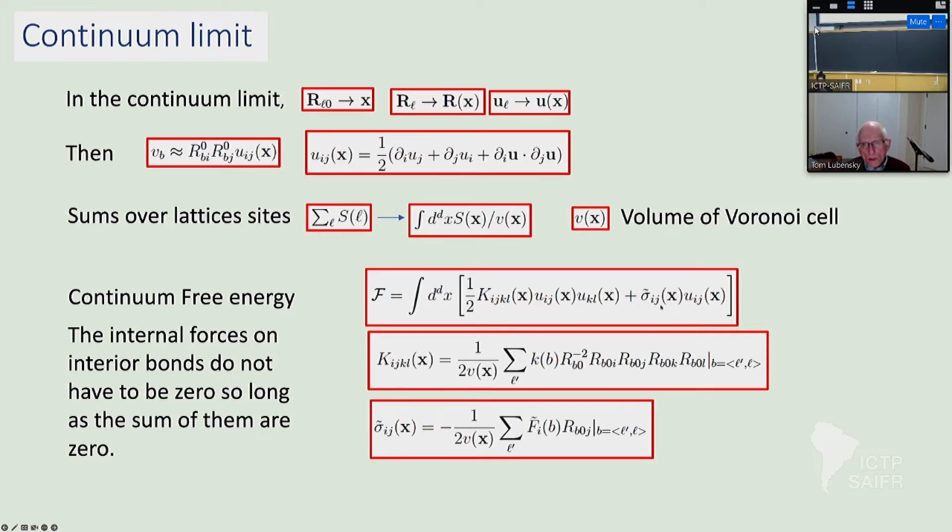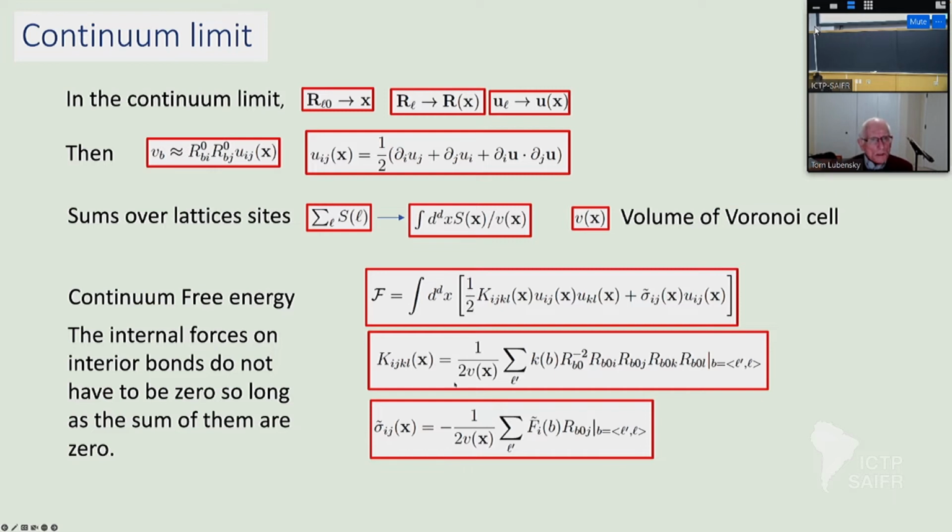And this sigma_ij(x) tells us what the stress tensor is at a given point. We said that the forces from this stress tensor, when we integrate over all of space, are zero because the internal forces are not going to cause the whole body to move. So this is, for the moment, the captured stresses in the system.